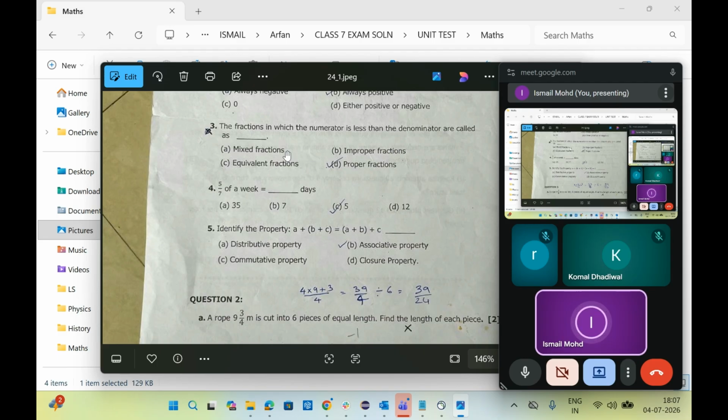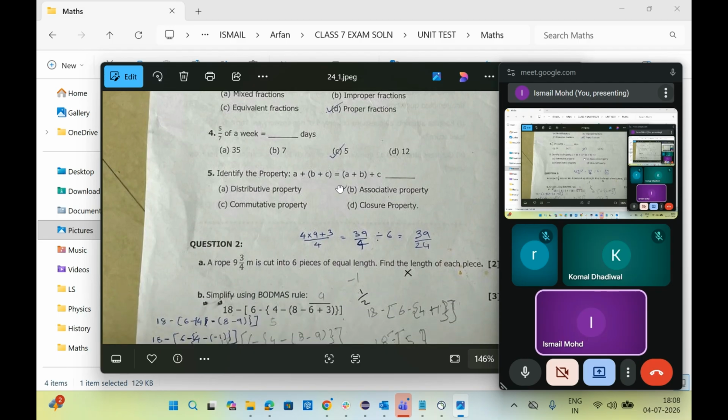Similarly, a mixed fraction is like 2 1 by 3, where you have a whole number and a fraction. And an equivalent fraction is like 1 by 2 equals 2 by 4. Either you divide the numerator and denominator by the same number, or you multiply by the same number. That is an equivalent fraction.